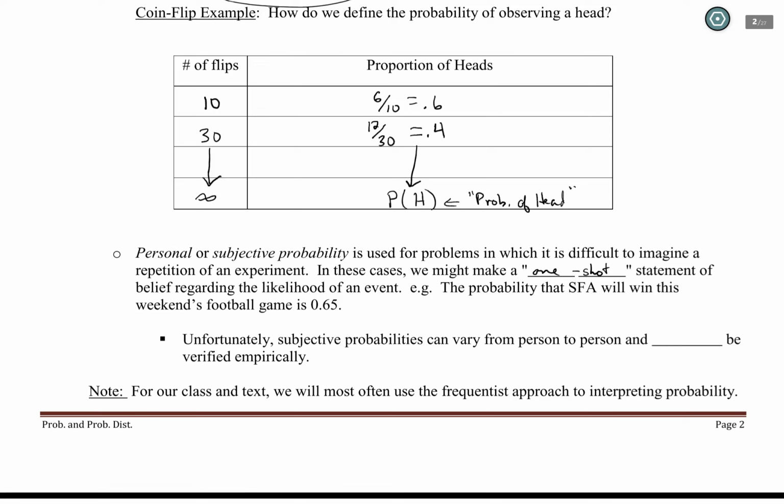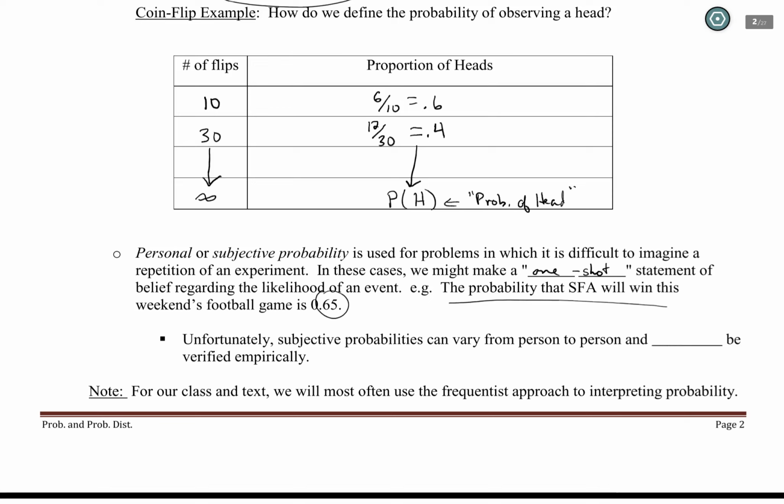So for example, the football game that's going to happen this weekend, the chance that SFA wins that game with that particular team is not an experiment that will ever be reproduced again, because the players are different, the time of season is different, and so forth. But because of that, we can think of that as a one-shot experiment, and so we can make a statement about the probability that SFA will win. If we say it's 0.65, that's based on a belief about what's going to happen this weekend.